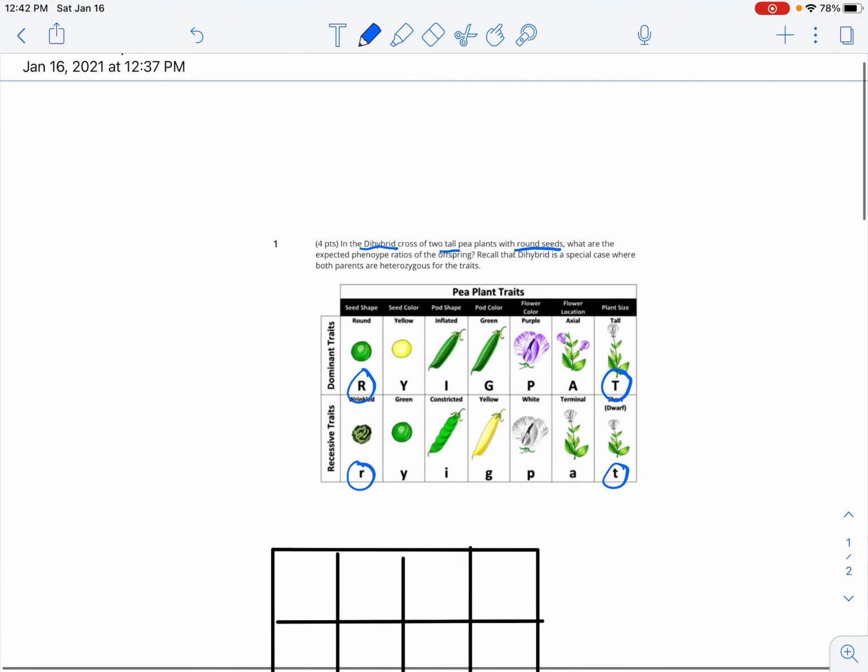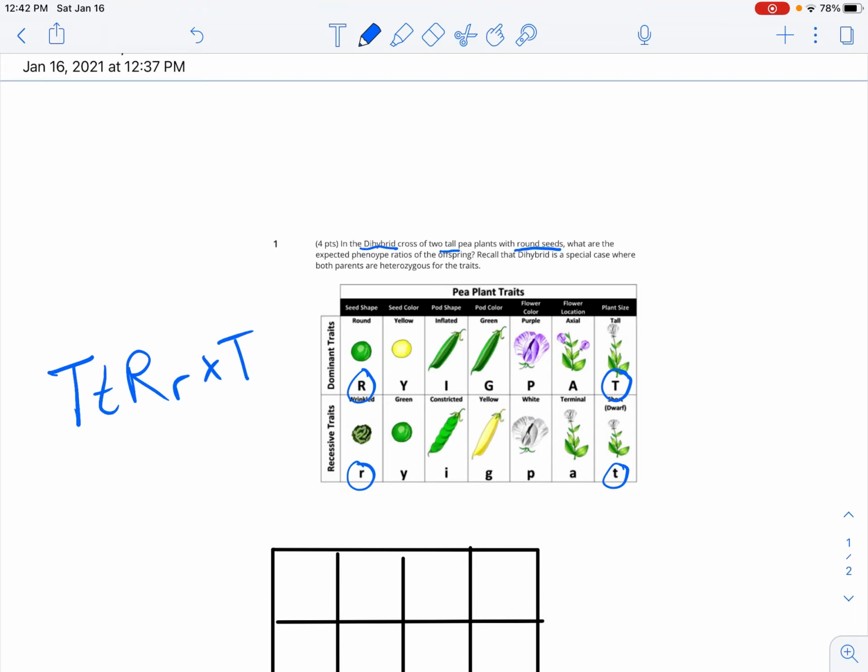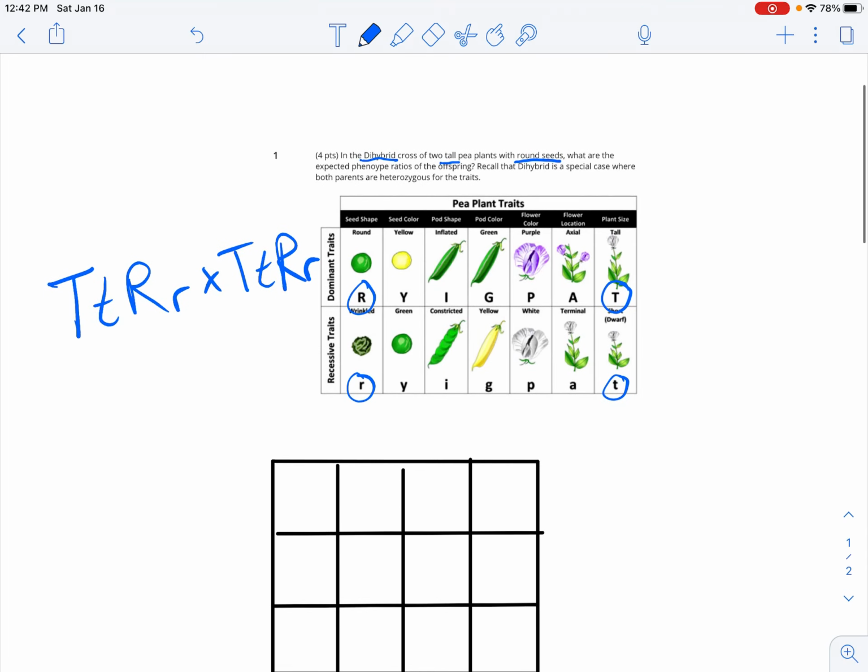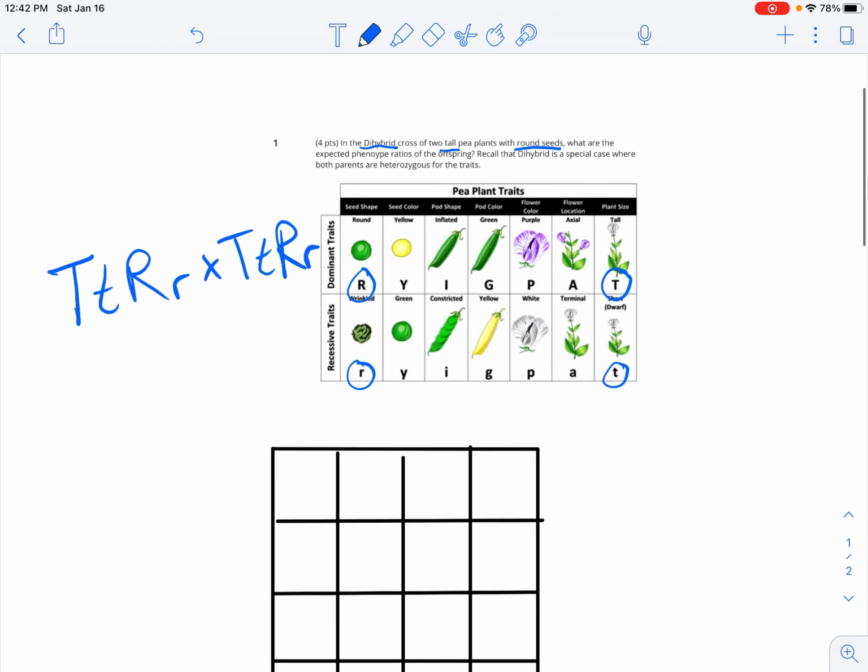Again, hybrid or heterozygous. So, a dihybrid cross of big T, little t, big R, little r times the same thing: big T, little t, big R, little r. We have to do this cross and determine what the offspring ratios are going to be.